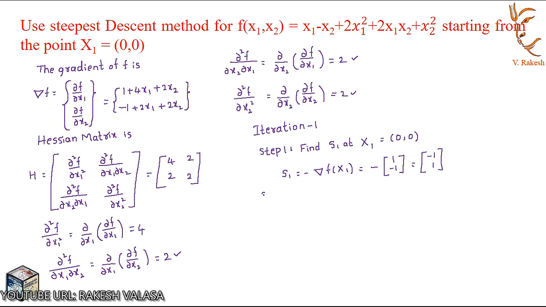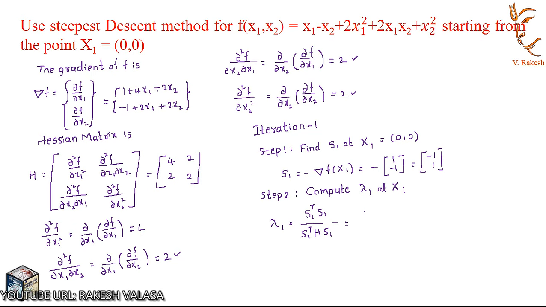Next, step 2. In step 2, you can calculate lambda 1. Compute lambda 1 at x1. We know the formula for lambda 1, that is S1 transpose S1 by S1 transpose H S1.